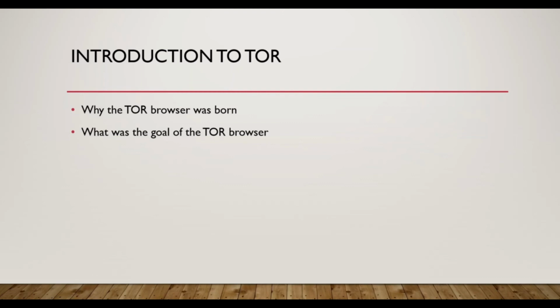And as mentioned, the main goal of the Tor browser, well, it's very simple. It's helping people stay anonymous, especially online. So that's the main goal of the Tor browser. The Tor project began in 1990, and it was fully developed something around 2006, if I'm not mistaken.